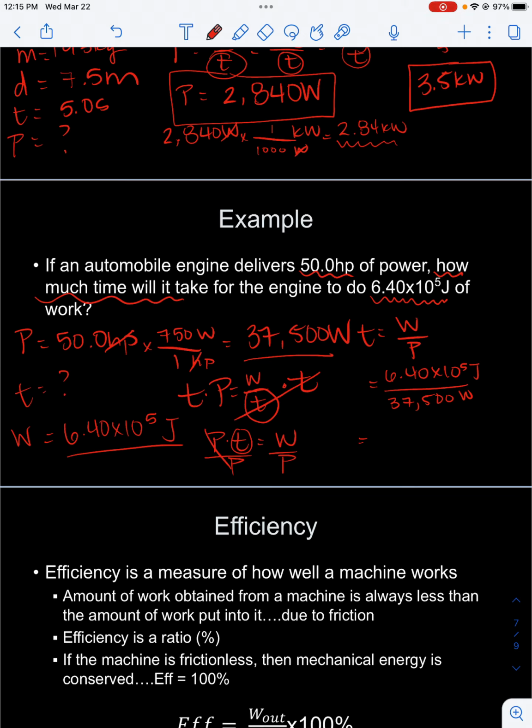We divide those, and that should give us about 17.2 seconds. So it takes 17.2 seconds for this engine that has 50 horsepower to do 6.40 times 10 to the 5th joules of work.